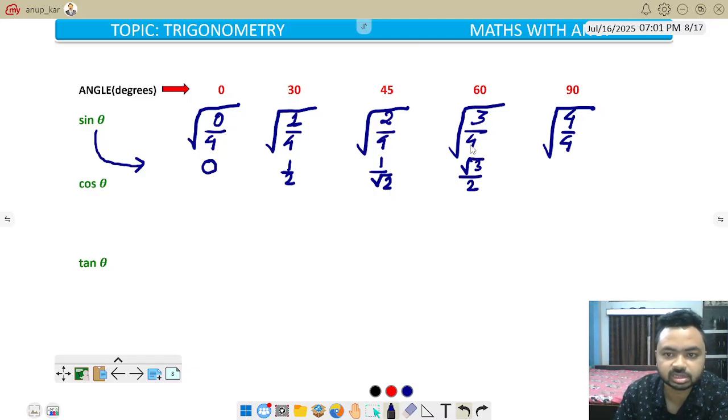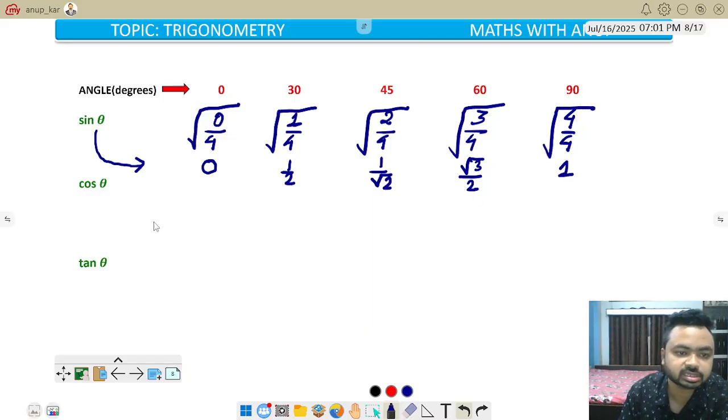I hope it is clear. Root 3 by 4 means, if we take root over in the numerator and the denominator, we get root 3 by root 4, and root 4 is 2, and 4 by 4 is 1. So this is my sin theta value. Sin theta at 0 degree is 0, 30 degree is half, 45 degree is 1 by root 2, 60 degree is root 3 by 2, and 90 degree is nothing but 1.